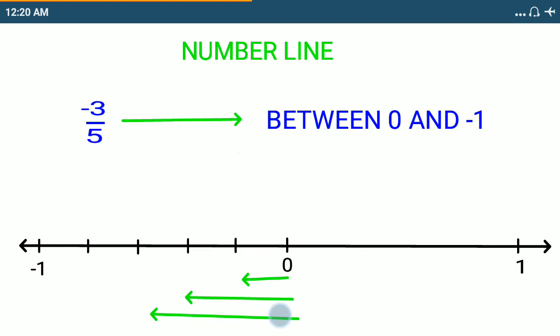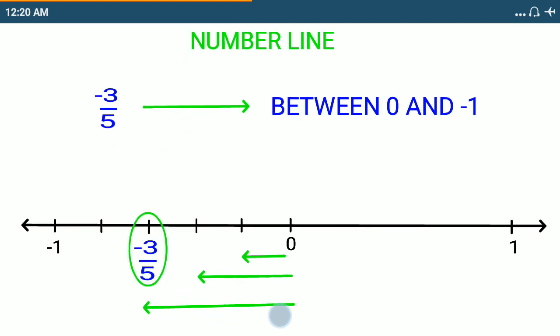Students, just as integers had corresponding values, rational numbers too have corresponding values. In our example, minus 3 by 5 corresponds to 3 by 5. That's it.